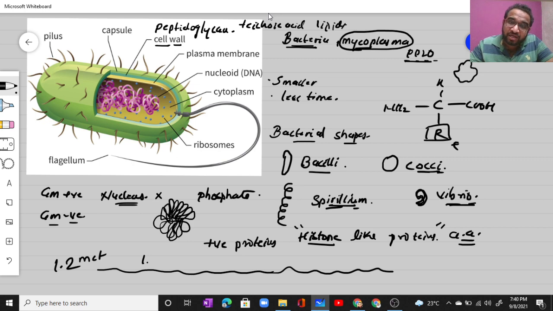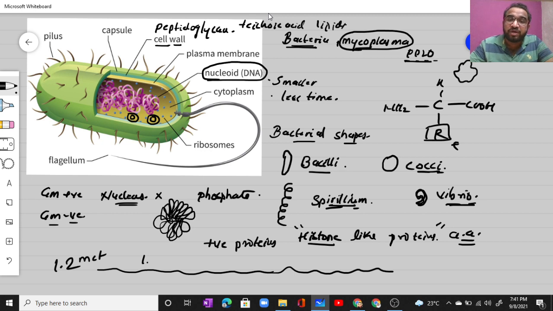Now when this packaged DNA is present, it is called the nucleoid. So this is the chromosomal DNA. Leaving this DNA apart, there are some small circular double-stranded DNA molecules that are also present in the bacterial cytoplasm.